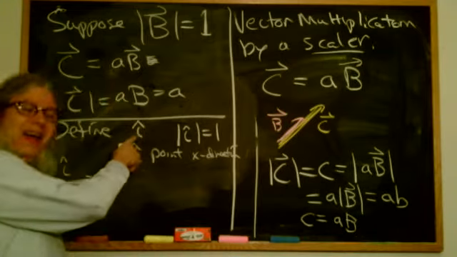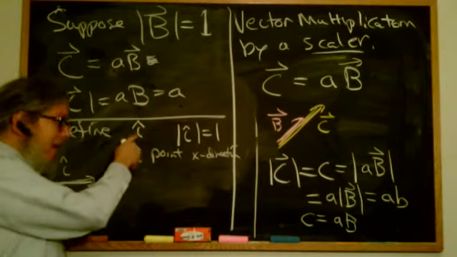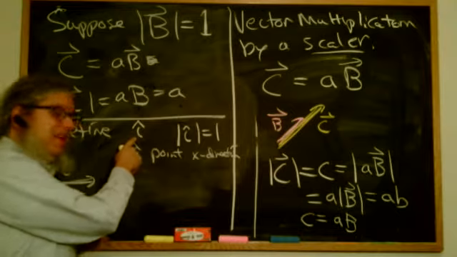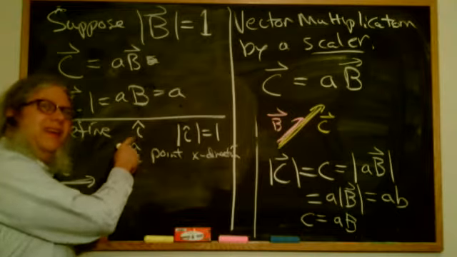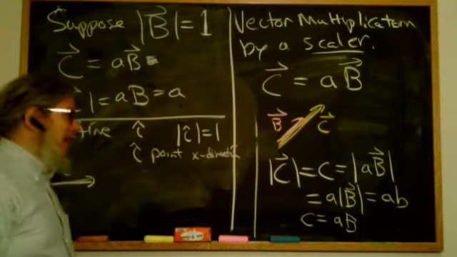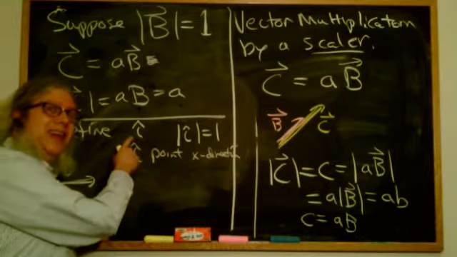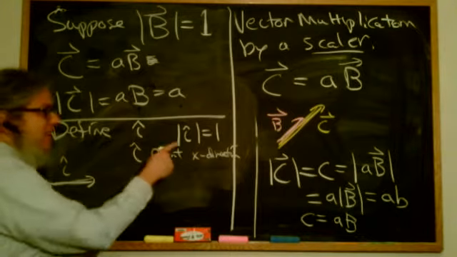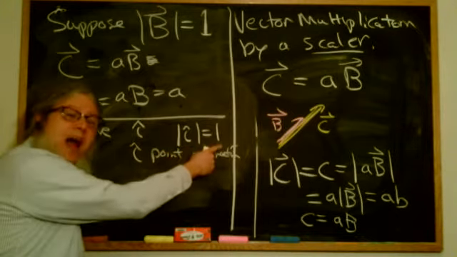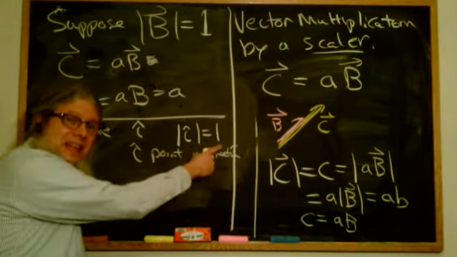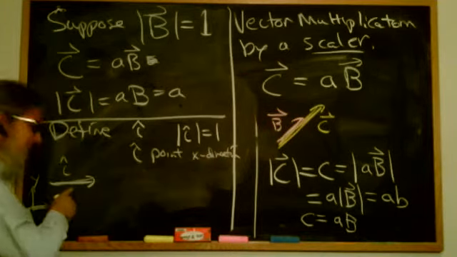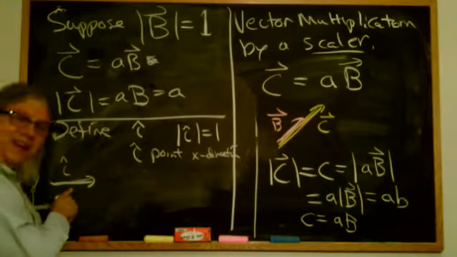I hat is not a number. If I say, what is the value of i hat? That's not a sensible thing. I can say i hat is a vector whose direction is in the x direction and whose magnitude is 1. It doesn't have a value of 1, because this is not the number 1. This is a vector.